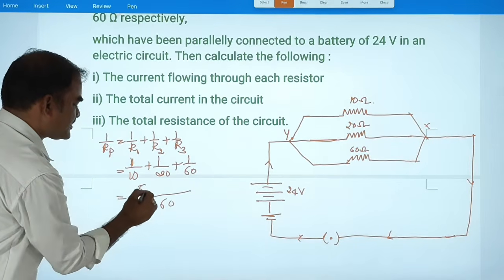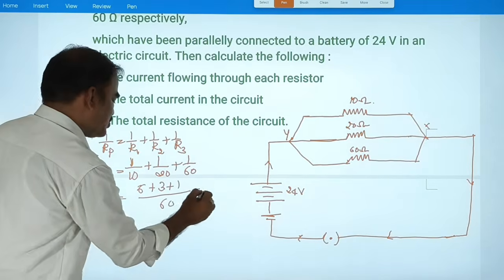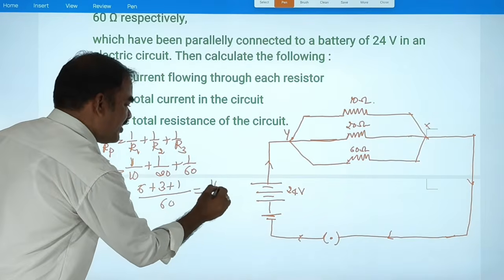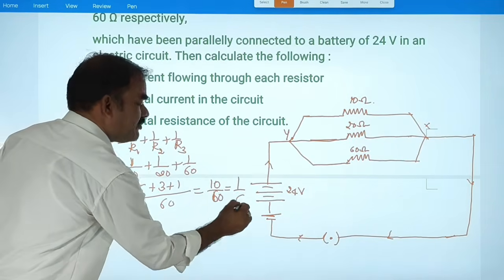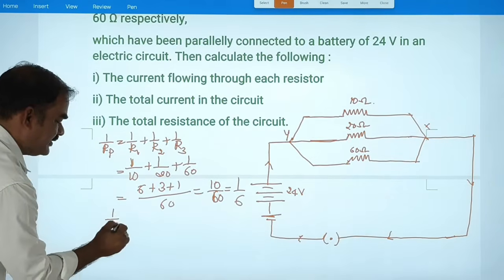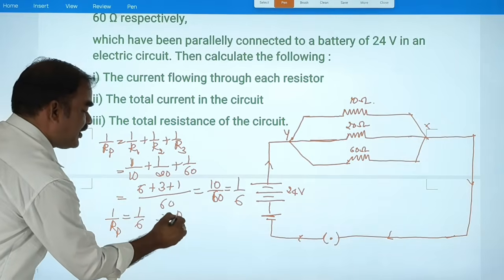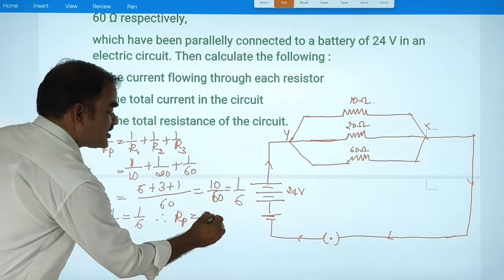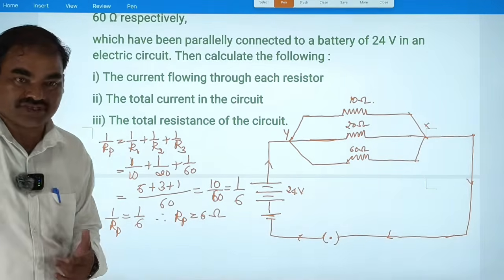So we will get 6 plus 3 plus 1, so 10 divided by 60, which we can write as 1 divided by 6. Now 1 divided by Rp equals 1 by 6. Therefore Rp equals 6 ohms. We got the total resistance here.